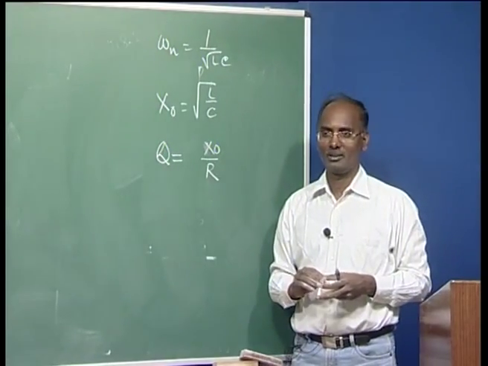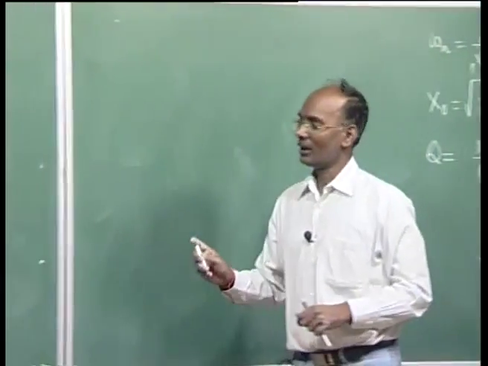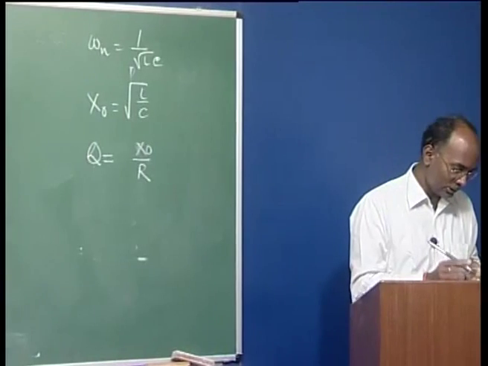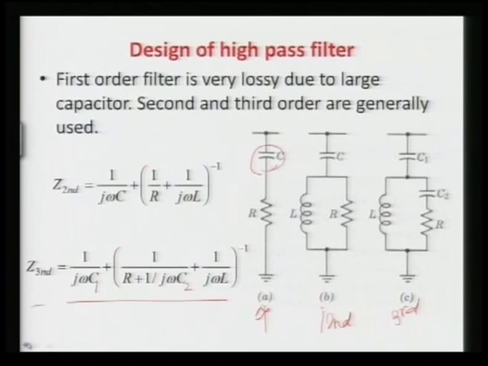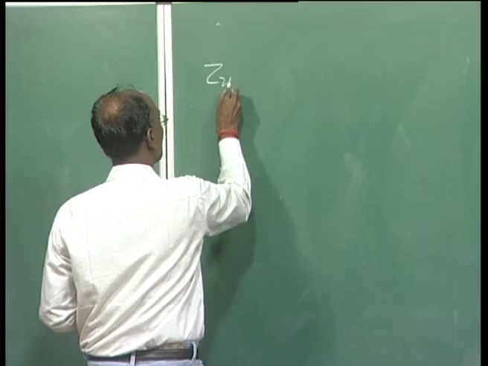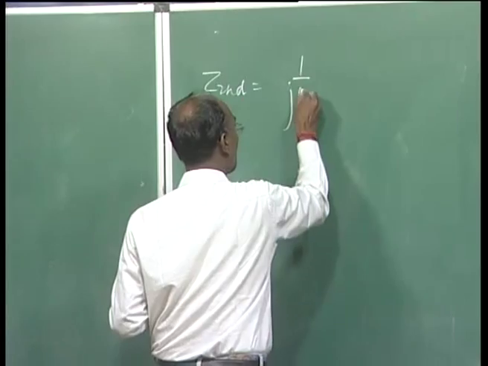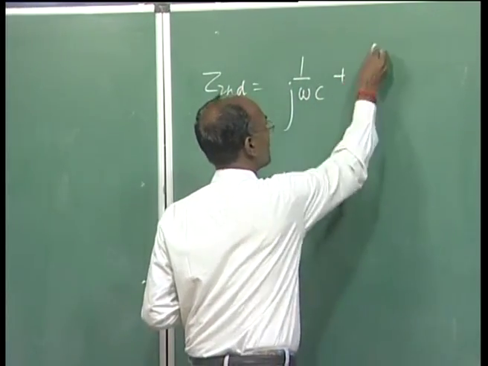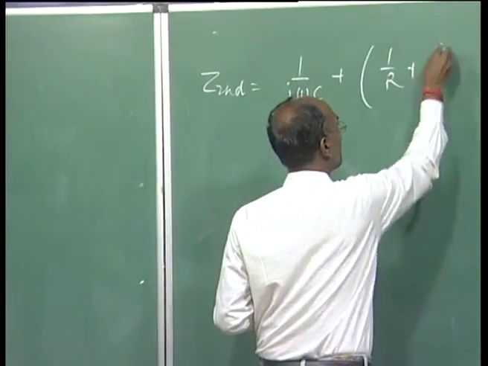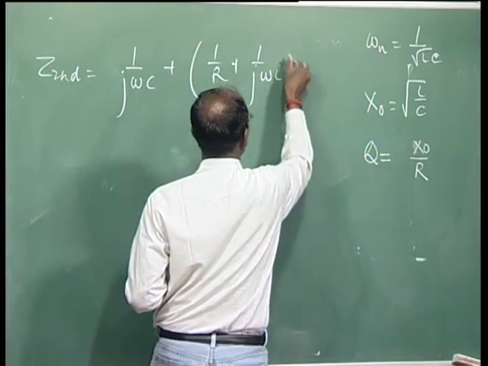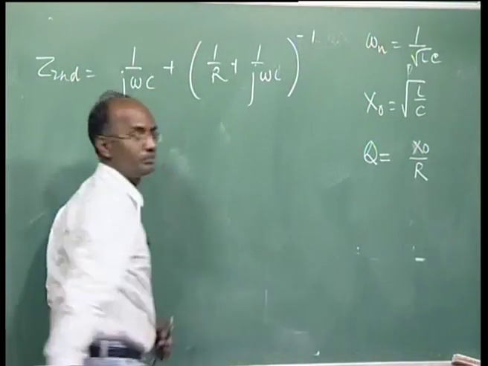Right. So, I want to go back to the impedance which I wrote here. Z second, I can write, it is 1 over j omega C plus 1 over R plus 1 over j omega L, here it is inverse.